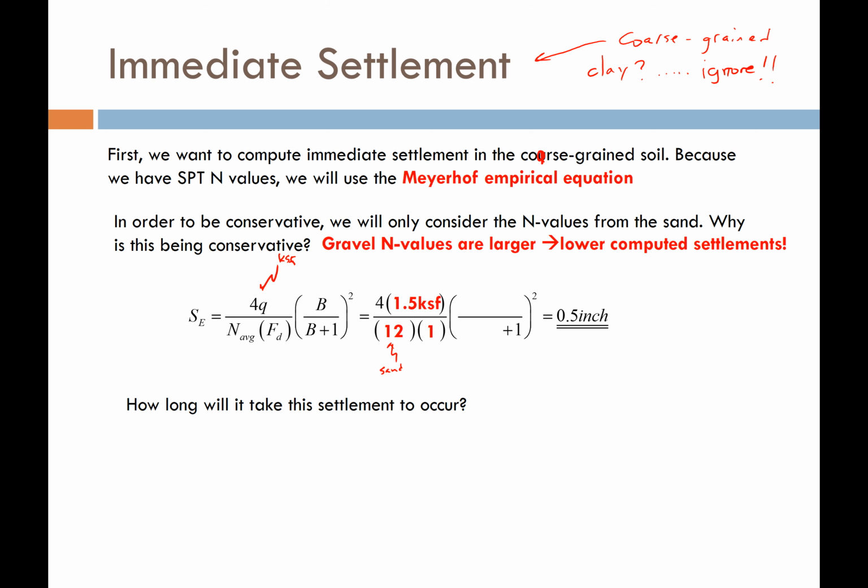We have to compute F sub D. F sub D, remember, is a factor to account for the possibility that our footing is below the ground surface, or buried at a little depth. This is right on the ground surface. So when you're right on the ground surface, F sub D is equal to 1.